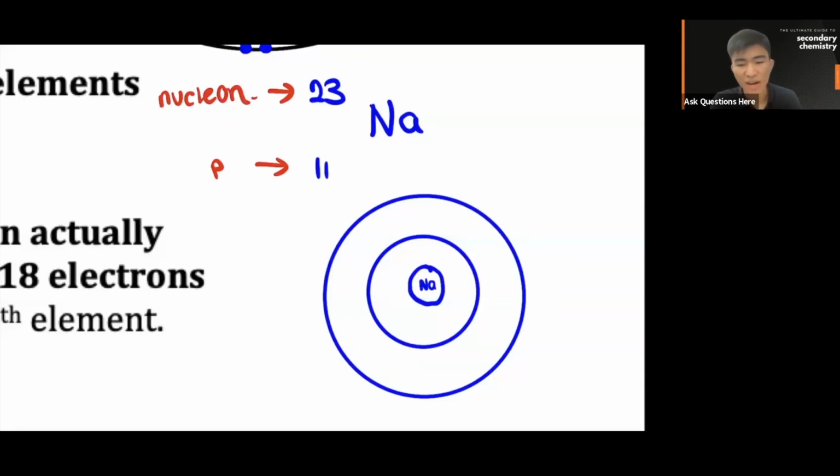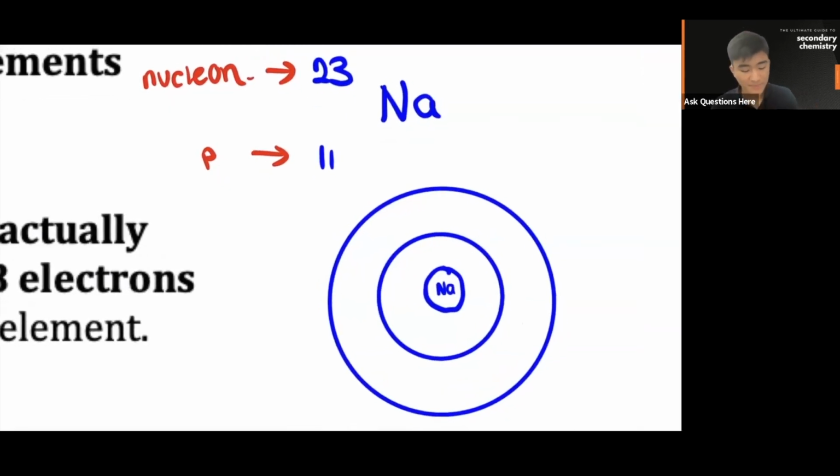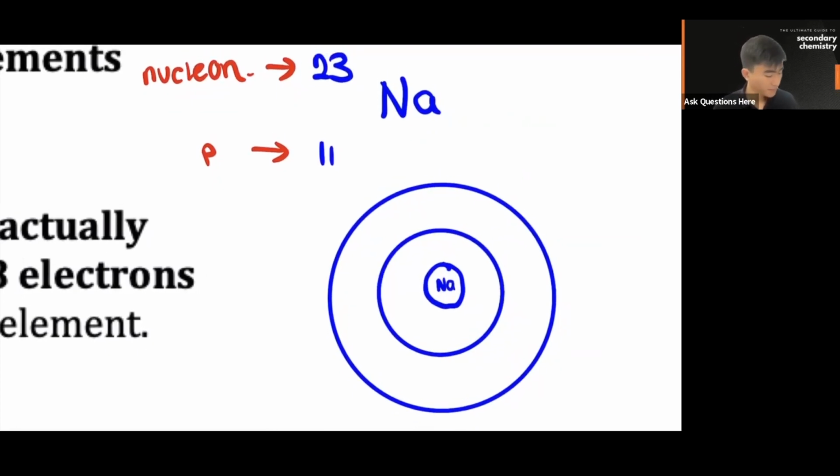You can try and draw out the electronic structure. If some of you need hints, I will write the hint for you.